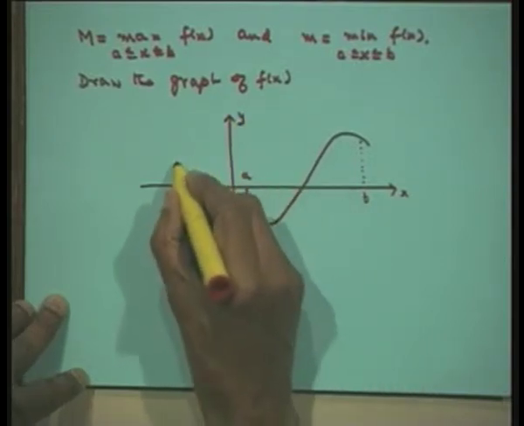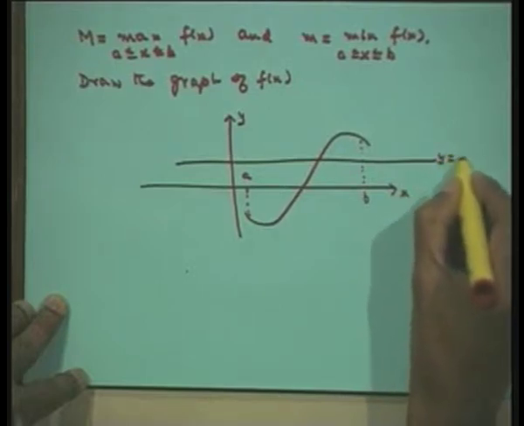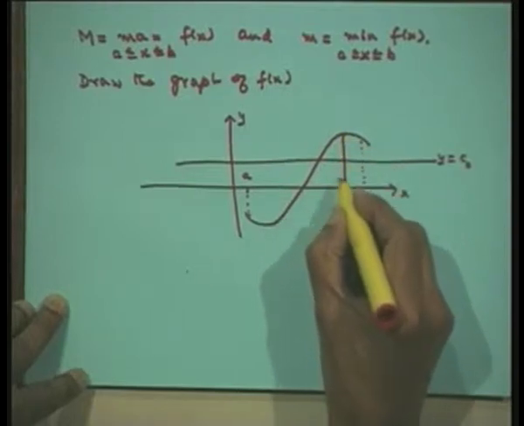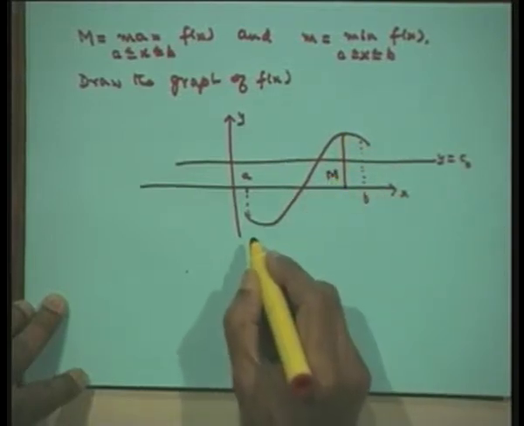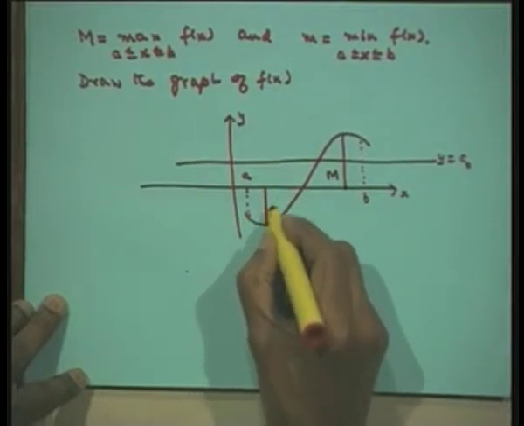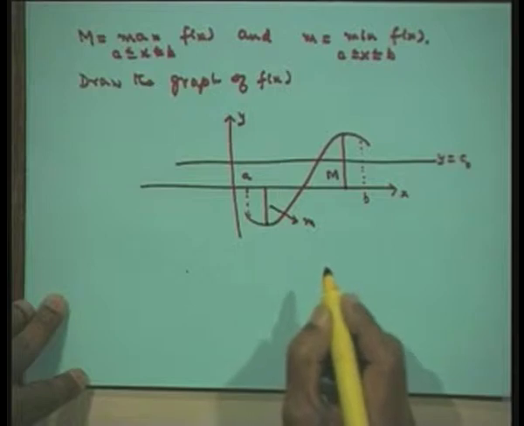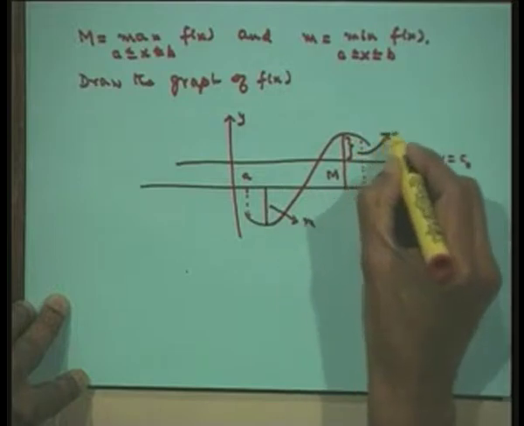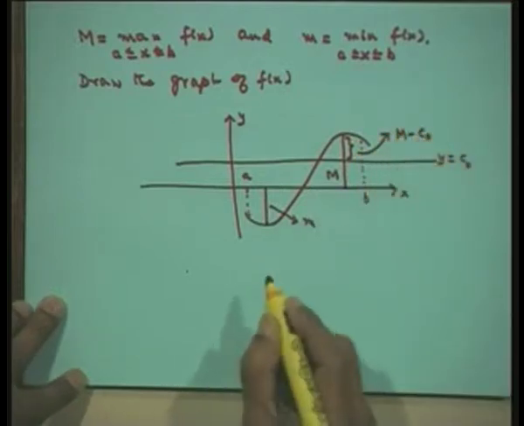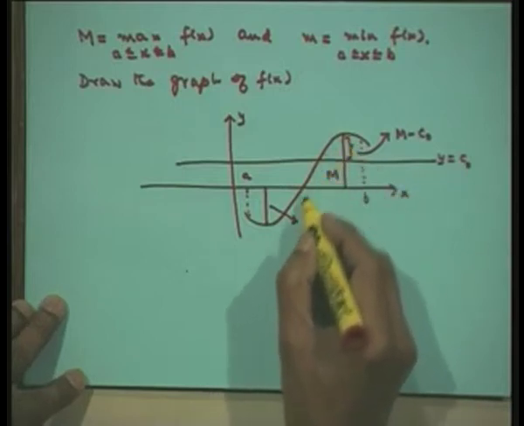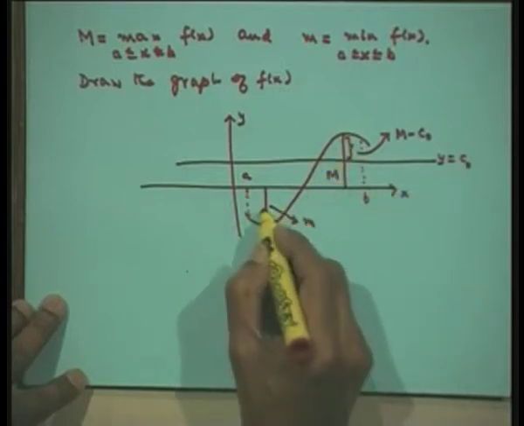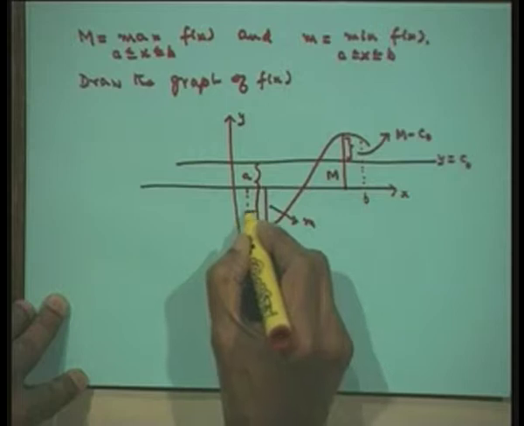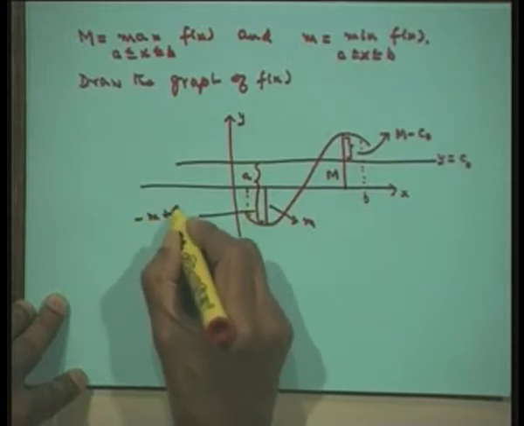We are approximating by y is equal to c naught. The maximum is this, capital M, the minimum is this, our small m, and the error is now m minus c naught. Notice that the graph is below the x axis, therefore, m is a negative quantity and therefore, this whole thing is the error, and this will be minus m plus c naught.